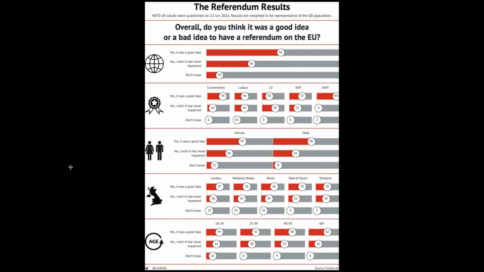I started with the summary at the top, which is what the globe represents, and I always keep the responses in the same order: yes, no, and then I guess don't know or undecided. It starts with the overall, and then goes into political affiliation. So you can see the Conservatives and UKIP.